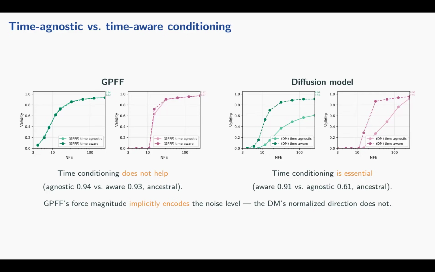This is something we just don't observe. Also, if we visually inspect the database that we generated, I never saw any disconnected structures using GPFF. And yeah, I forgot the second question.